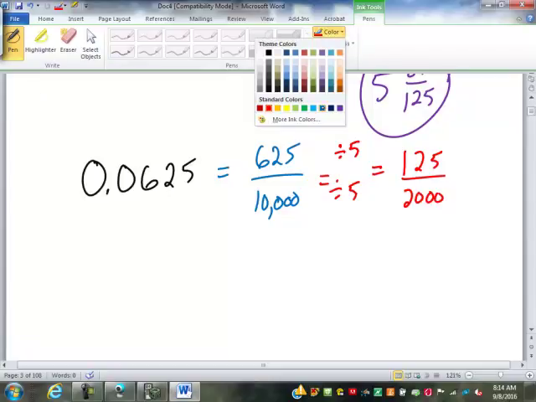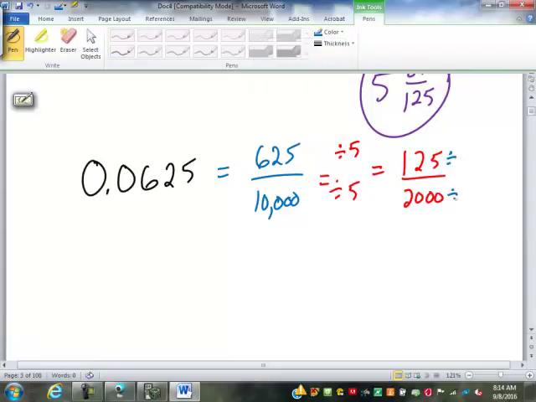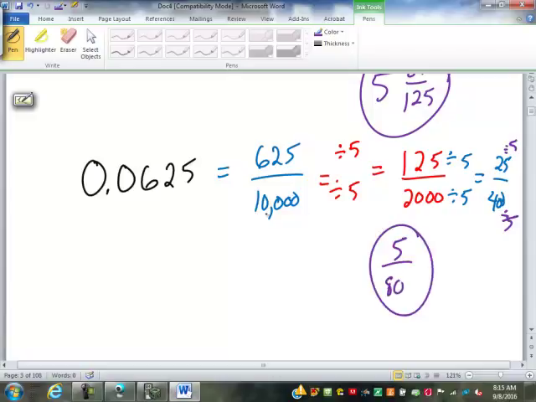Still reduced by 5. Gives us 25 over 400. Still reduced by 5. Gives us 5 over 80. Everybody get 5 over 80? That's it.